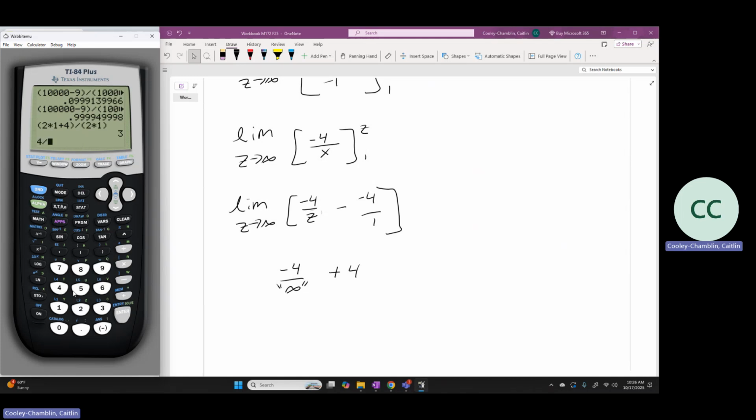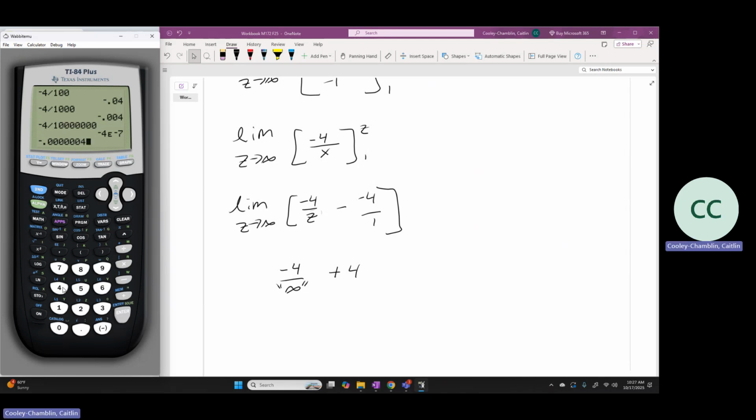So I'm just going to do negative 4 divided by 100, and then divided by larger numbers.